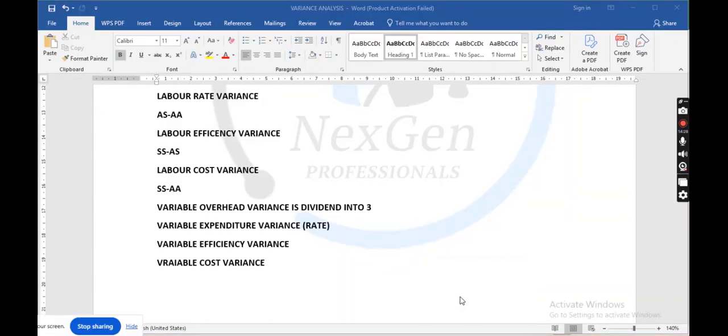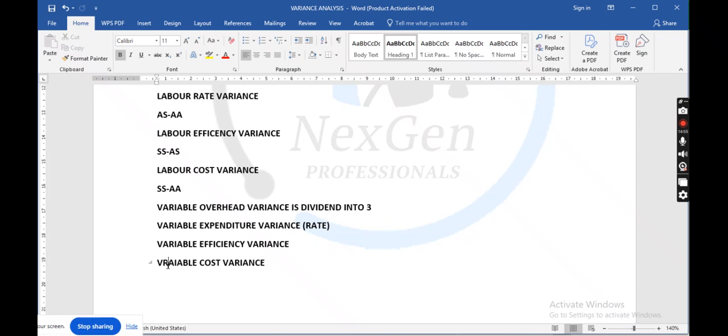So the another type of variance that we have, don't forget I said addition of your expenditure and efficiency. See, if the question says you should calculate cost variance, do you know what you will do? Calculate the variable expenditure variance. Calculate the efficiency variance. Subtract and add. You have your variable cost variance. Or you use the normal formula that we normally use, labor cost.